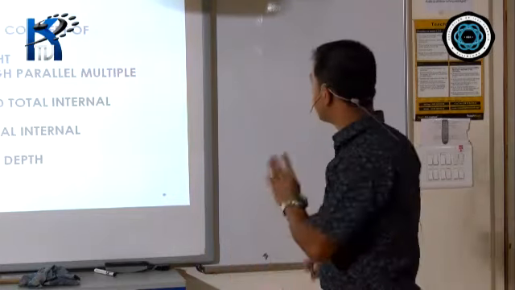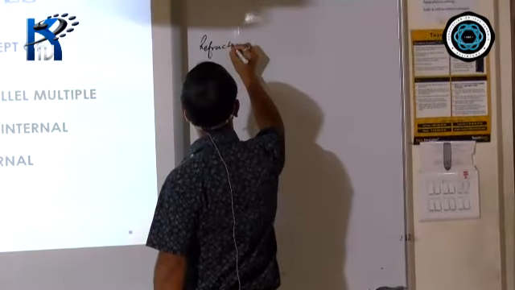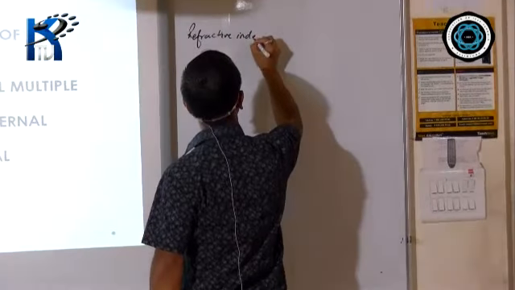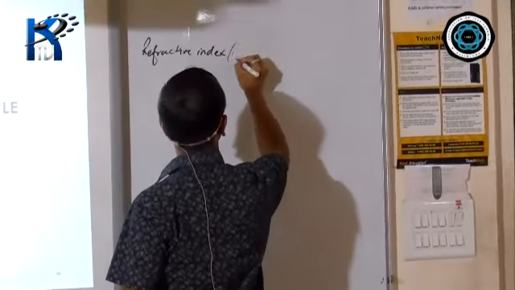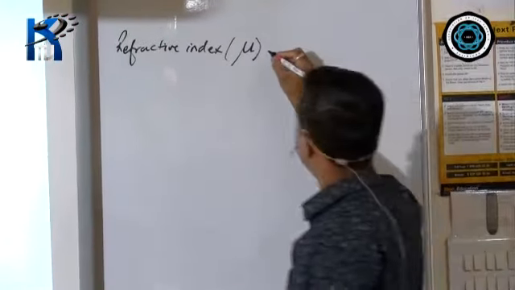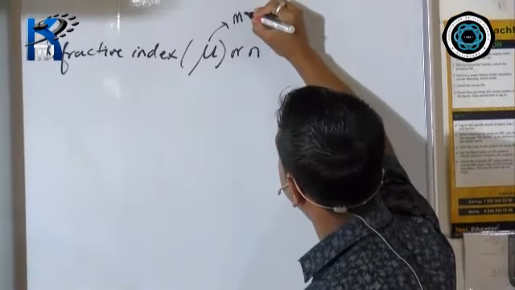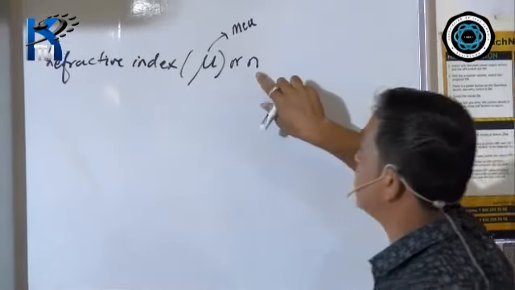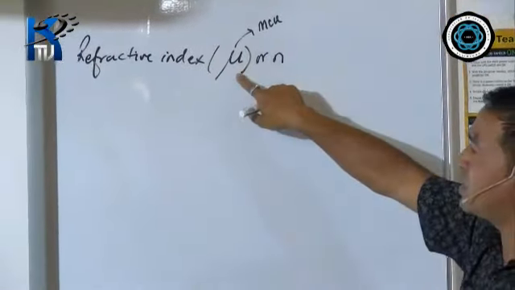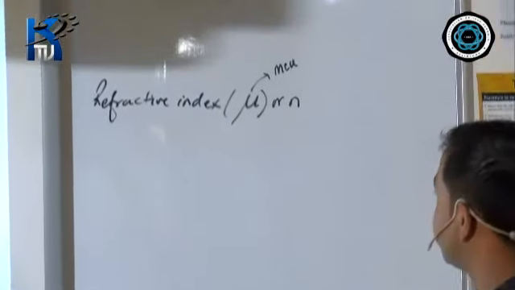But let me just write refractive index. Refractive index is basically symbolized by the letter mu. So this is the Greek letter mu, but you can use a symbol like n. This is mu, and this is n, a simple letter n. But this is the Greek letter that we can use to symbolize refractive index.